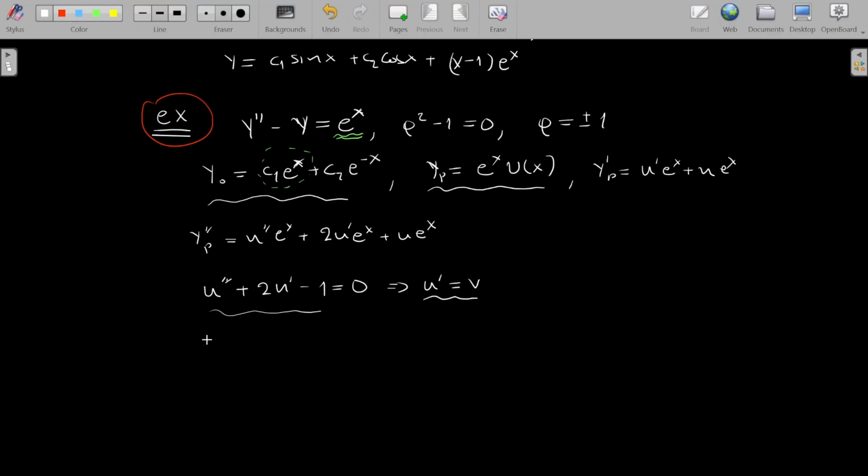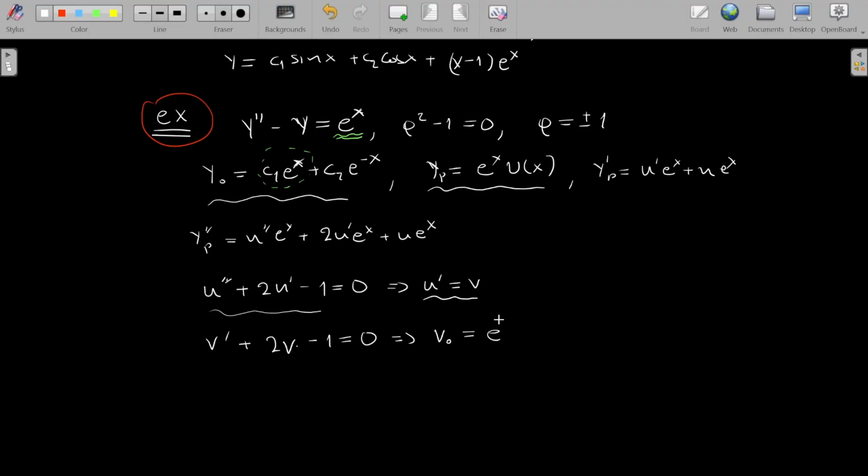So this transforms into t prime plus 2t minus 1 is equal to 0. Which is nothing more than linear first degree like we have already seen.